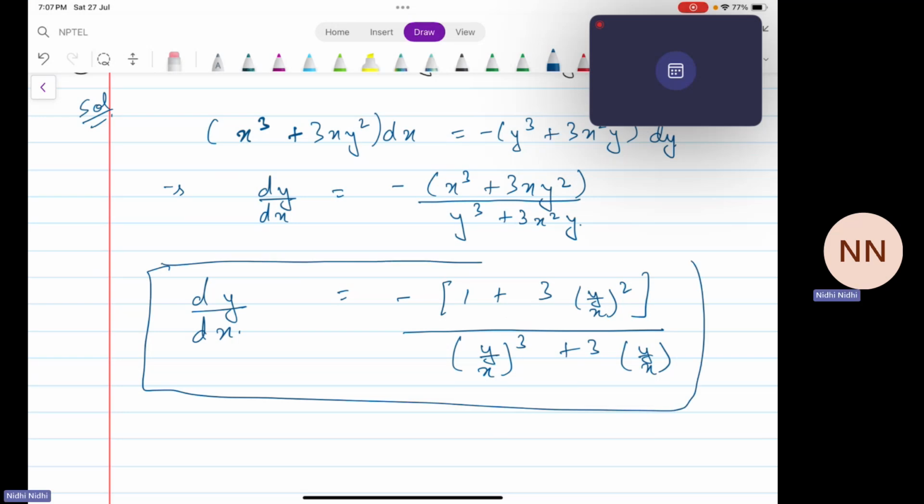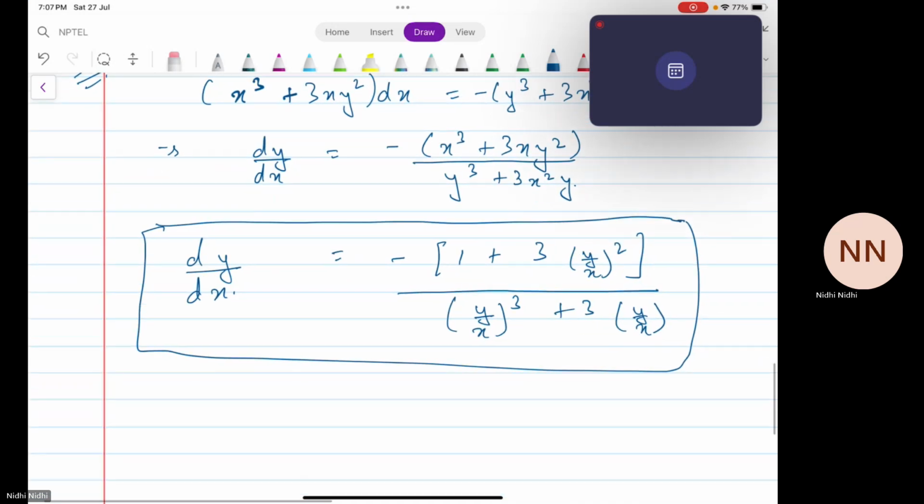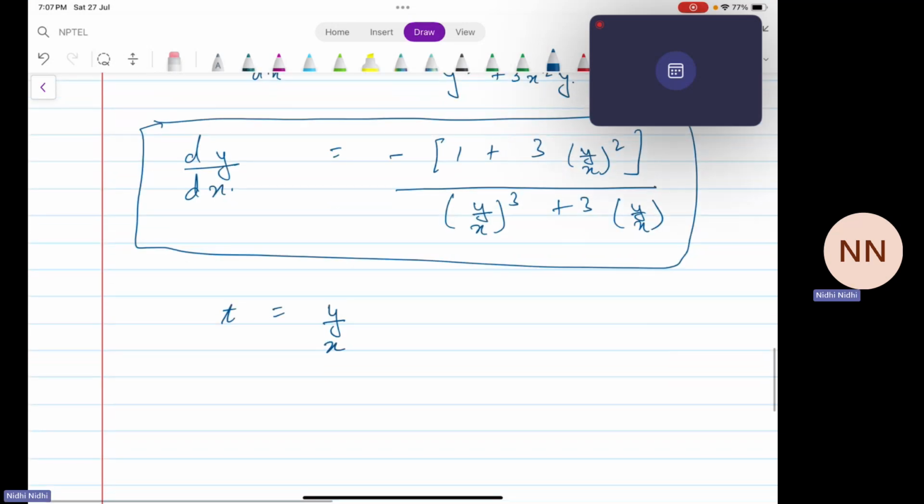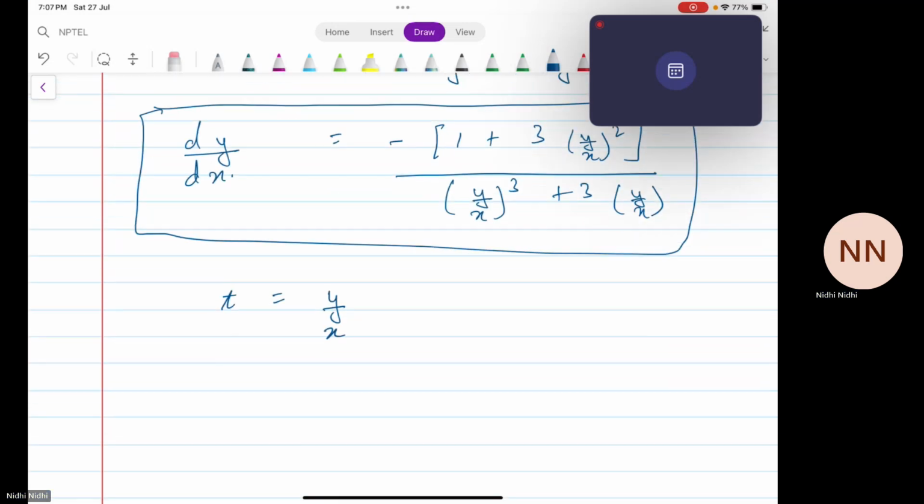So how do we solve such an equation? We start with the substitution. We take some other variable t to be equal to y by x. This gives us dy by dx is equal to t plus x dt by dx.